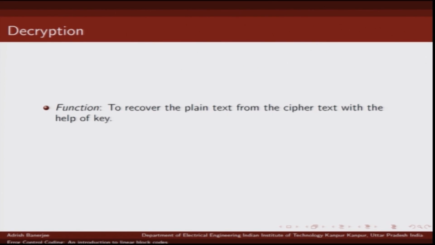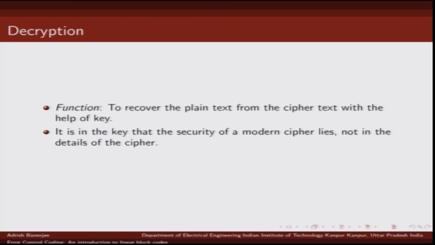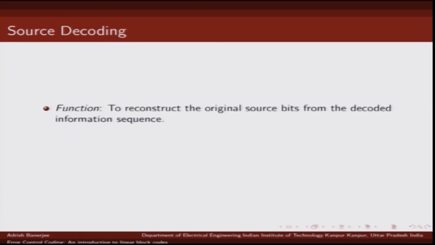After the channel decoder, we have the decryption block, and as I said, its objective is to recover the plain text from the cipher text, and essentially the security of the system lies in the key. And finally, we would like to get back our original source, because remember in the source encoder we did data compression.